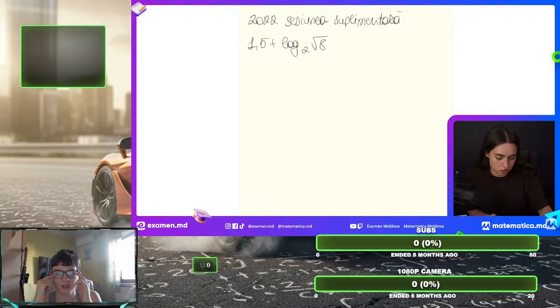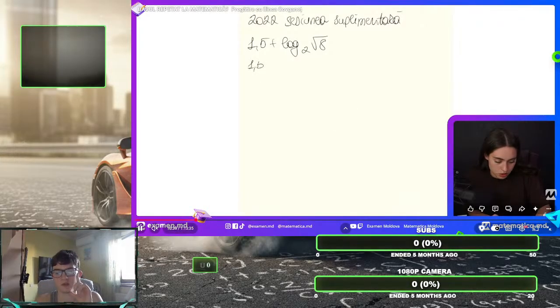So log 2 and 2 will simplify, so we'll just have 3 divided by 2 plus 3 divided by 2, which is 3. That should be it.